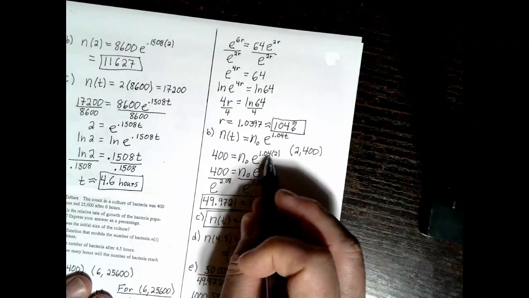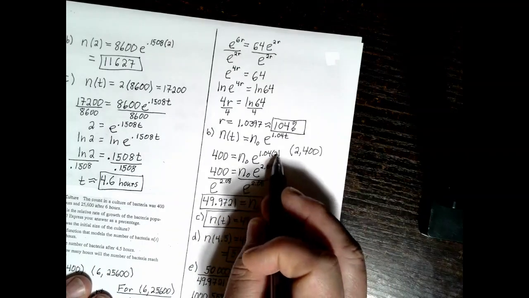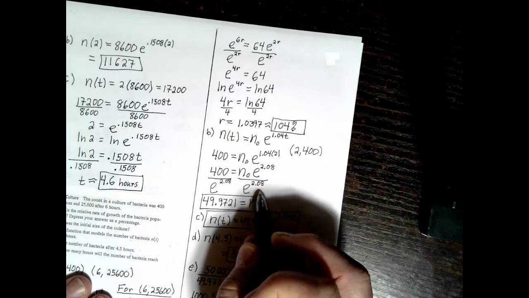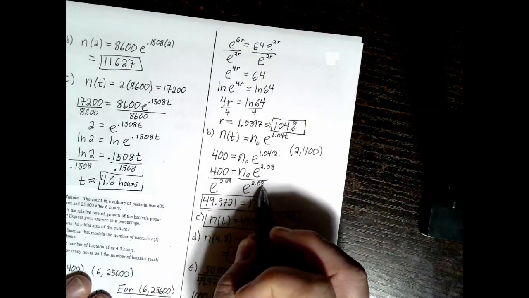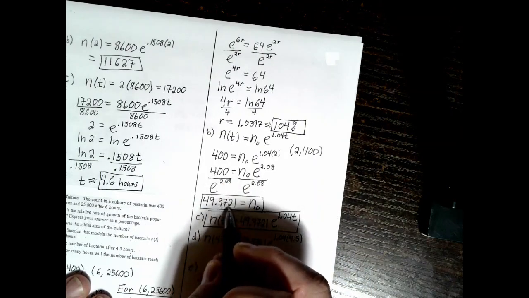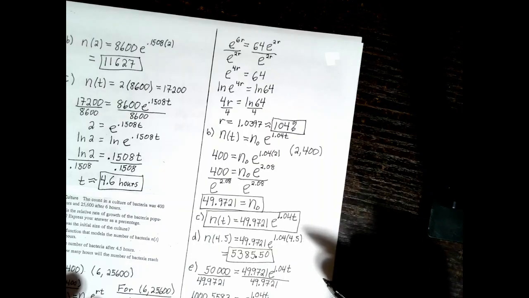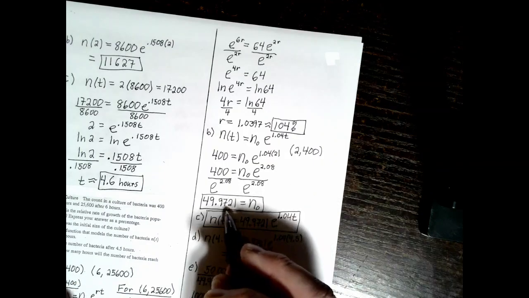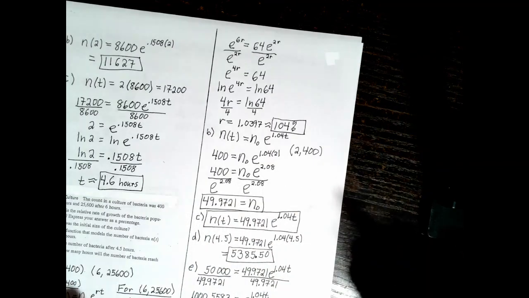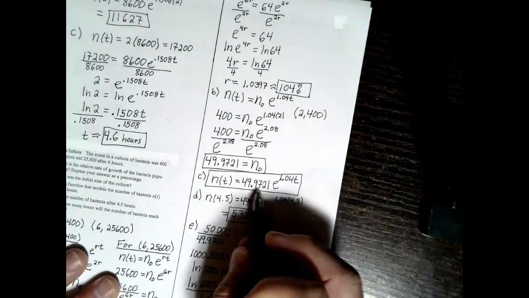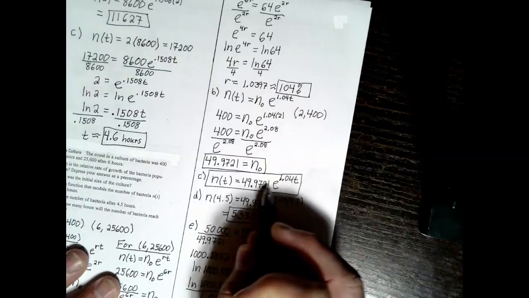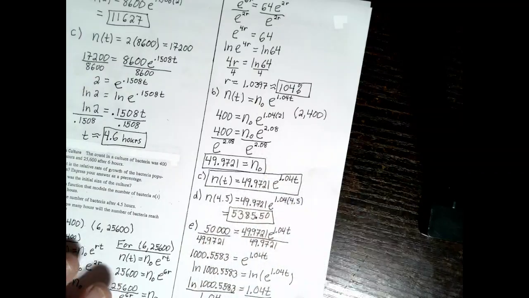So this is e to the 2.08 when you multiply that times 2. When you divide both sides by e to the 2.08, you get 49.9721. So that is your starting population, approximately 50 bacteria. So now here's your formula where you now know the growth rate and you now know the starting population.